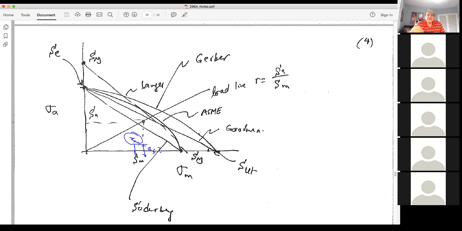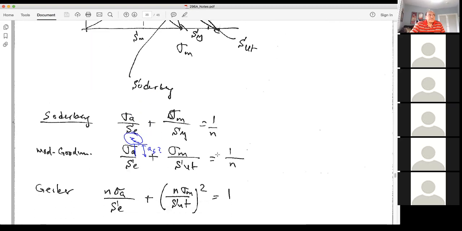You accept that plasticity is going to be okay. In this case, the mean value of the stress can have a maximum limit of the ultimate instead of the yield. This straight line is called modified Goodman. So we have two straight lines, Soderberg and modified Goodman. Modified Goodman is the same structure, but instead of yield, it becomes S ultimate here.